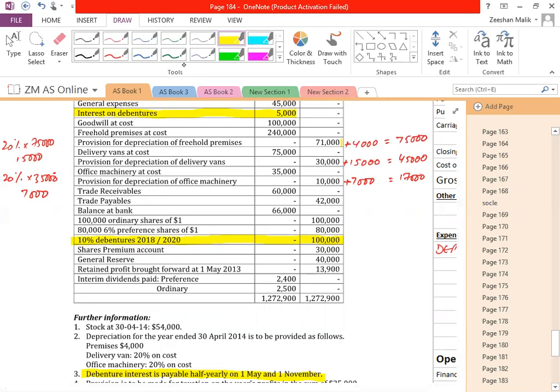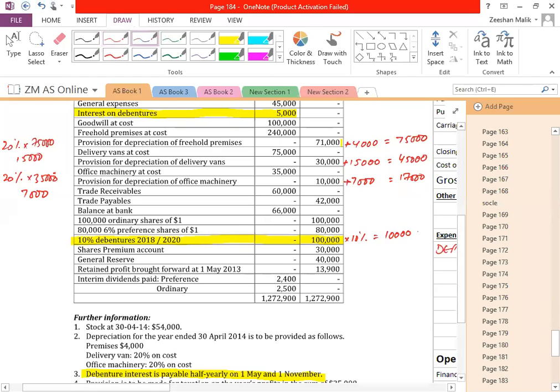Number 1, debenture is an adjustment. How much percent is to be applied? 10% is to be applied on 100,000. It makes it 10,000. Agreed?